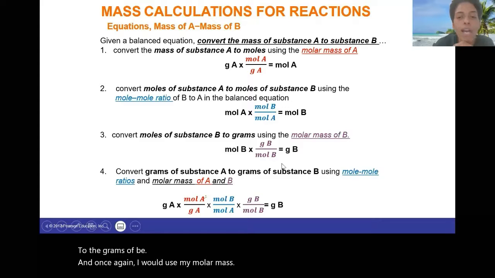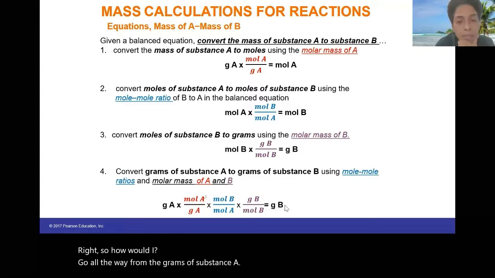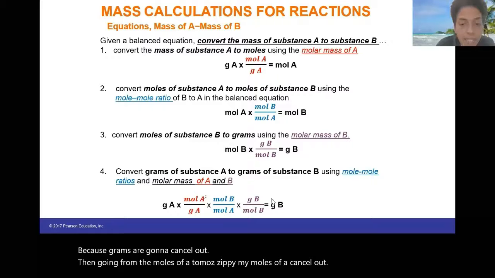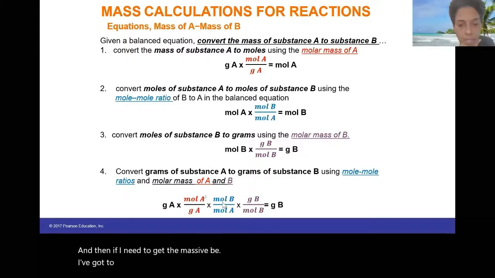So how would I go all the way from the grams of substance A to the grams of substance B? I would first use the molar mass of A because grams are going to cancel out. Then going from the moles of A to moles of B, my moles of A cancel out. And then if I need to get the mass of B, I've got to use my molar mass again, and moles of B cancel out.